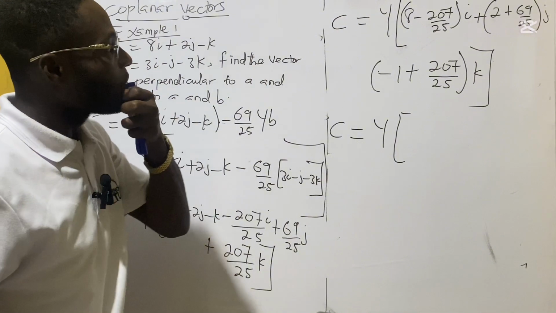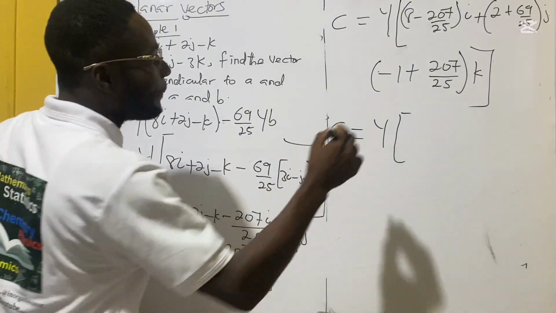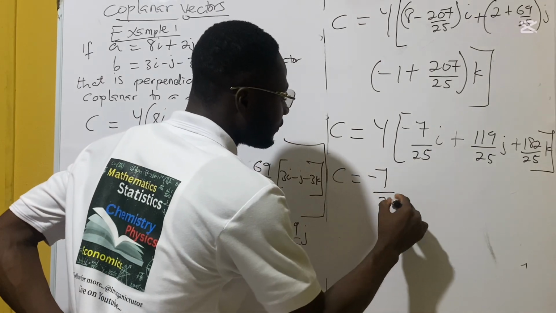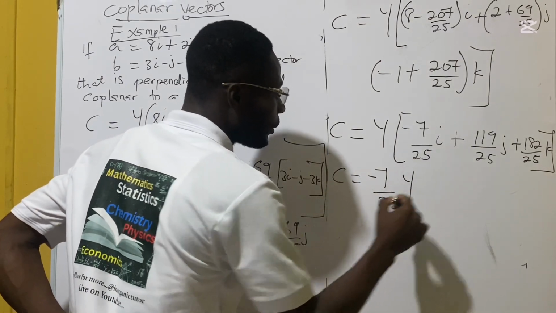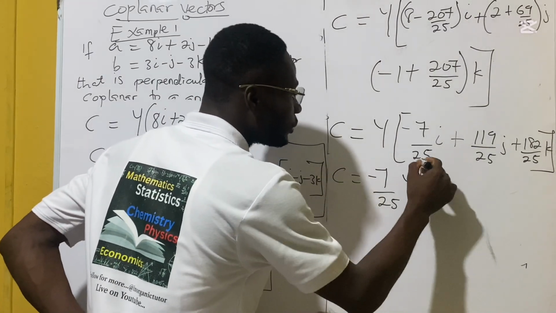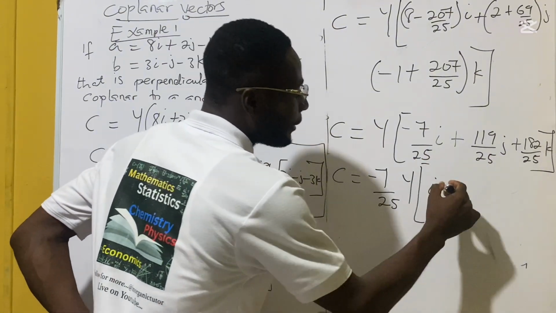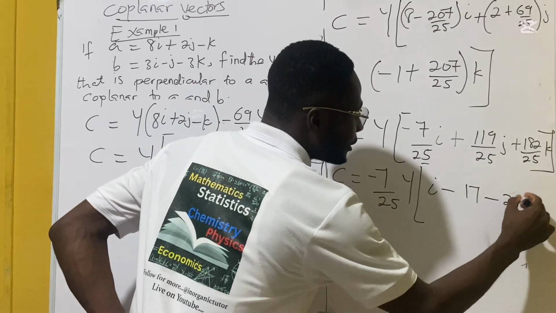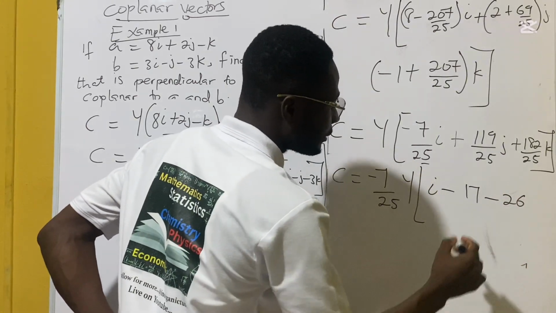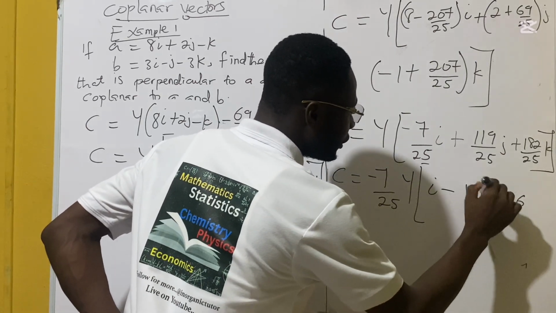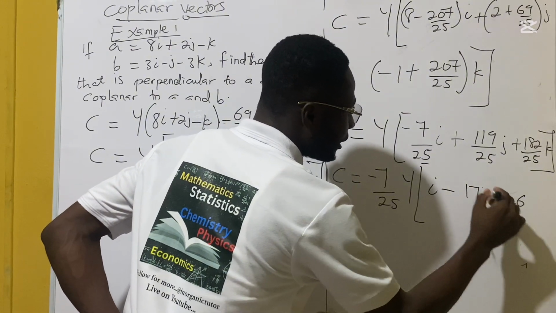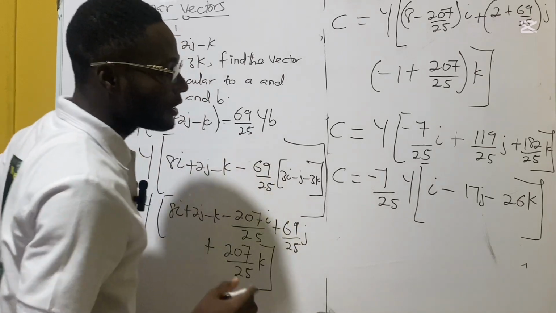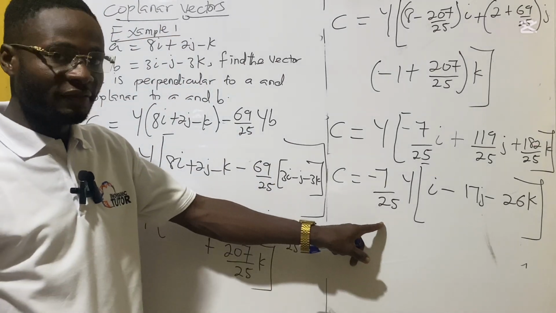So that is basically going to be minus 7 over 25 gamma into i, minus 17j, minus 26k. Okay, so this is what we have as our final answer.